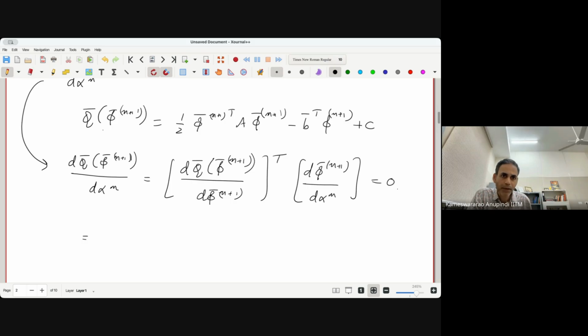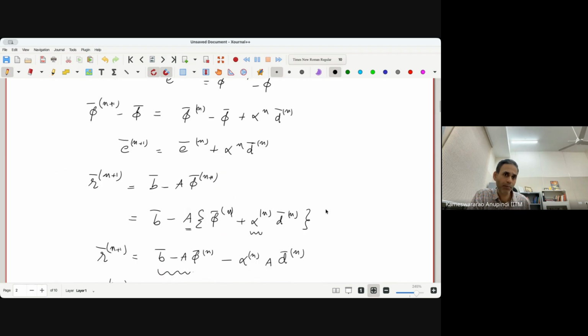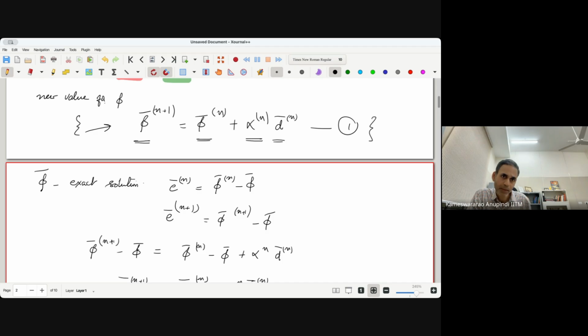But what is the derivative of q̄ with respect to φ̄n+1? This we have already seen, and said in the last class that it is A φ̄n+1 minus b̄. So this is going to be A φ̄n+1 minus b̄ transpose times d φ̄n+1 by d αn. Going back to the definition of φ̄n+1, what would be d φ̄n+1 by d αn?